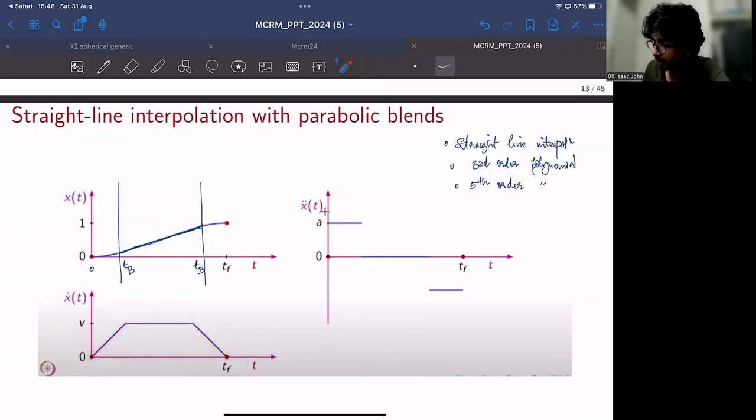If you again take the derivative of this curve, you get the acceleration profile. Since this part is linear, you get a constant acceleration like this. Since this is constant, its derivative would be 0. And since this is again linear, you get a negative constant acceleration. So your acceleration profile will look like this: constant, 0, and constant for that time period.